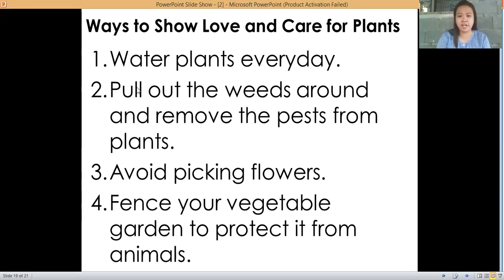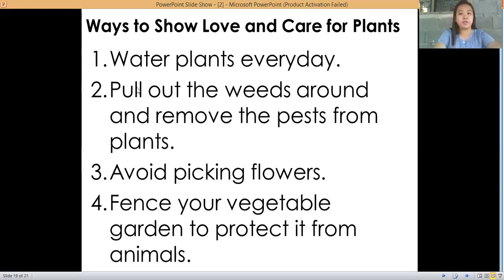Okay, have you ever experienced walking in flooded places? Me, yes. I've already experienced that one. So for us not to experience that, we need to take good care of our environment. Plant trees. Okay po? We need to always plant trees.